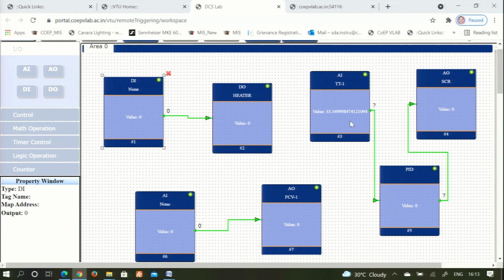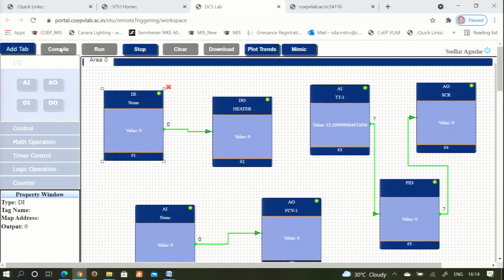Then, in this case, this is the temperature of the boiler drum, the hot water temperature, and using a PID controller, I am going to operate the firing angle of the SCR. The critical thing here is that you can write a program, download blocks from this library, put them here, connect them properly, and after connecting them you have to compile your logic.